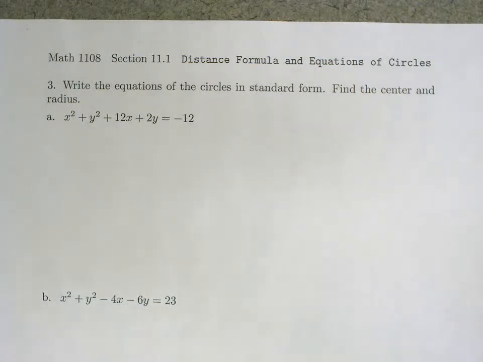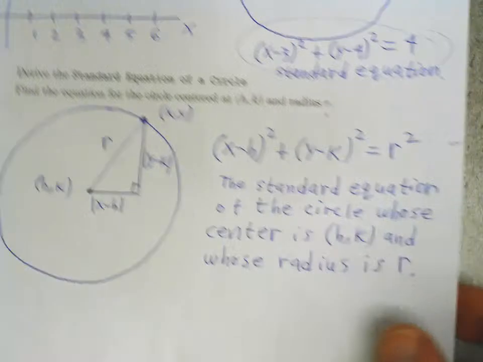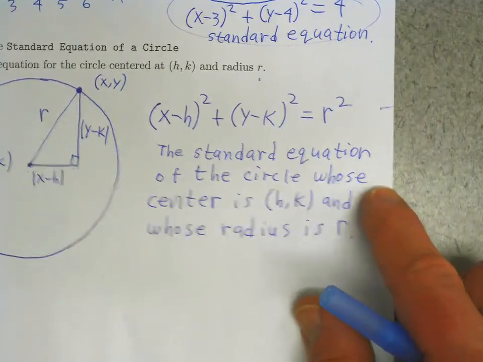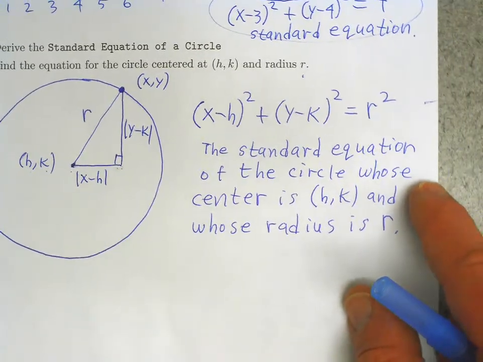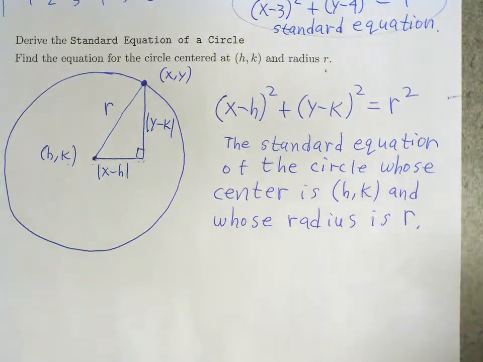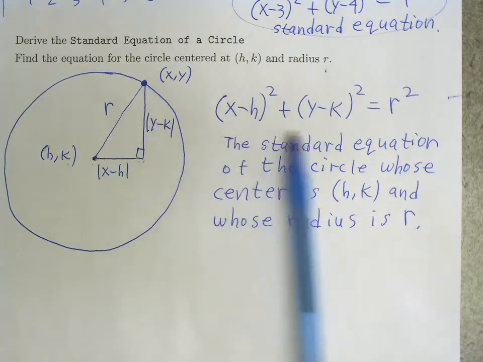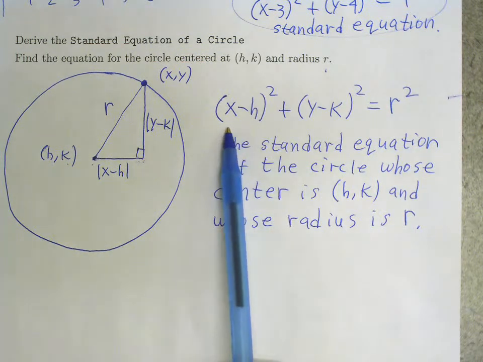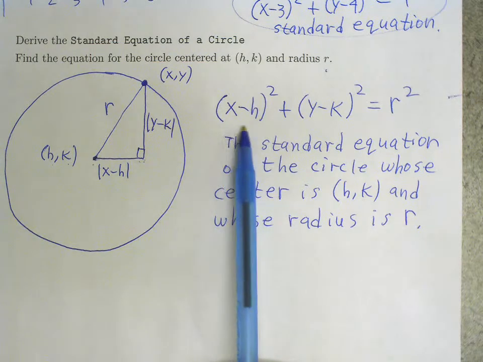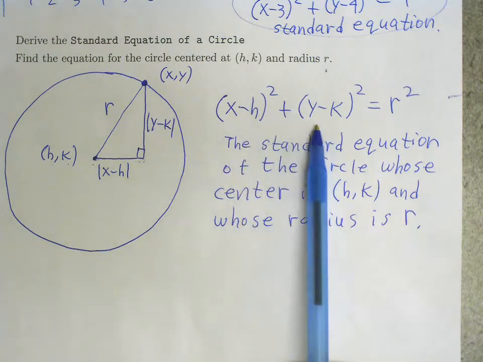Okay, let me go back a couple of pages. When we derived the standard equation of a circle, remember it was just an application of the Pythagorean theorem. But in this standard equation, we have a binomial x minus h squared, and we have another binomial y minus k squared.